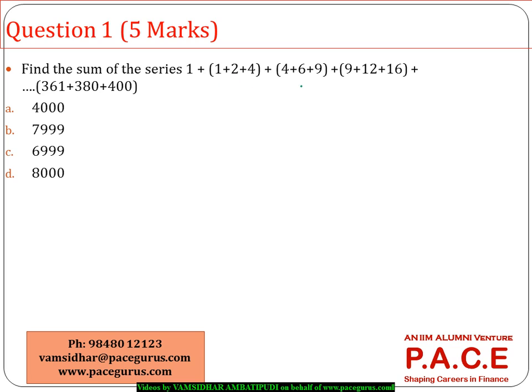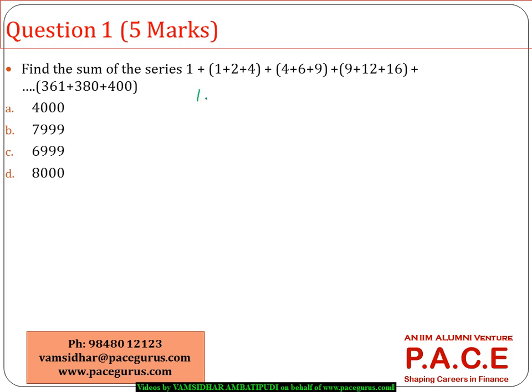For this, if you observe the way the series is constructed, you can look at it in various ways. 1 plus 1 plus 2 plus 4 plus 4 plus 6 plus 9.